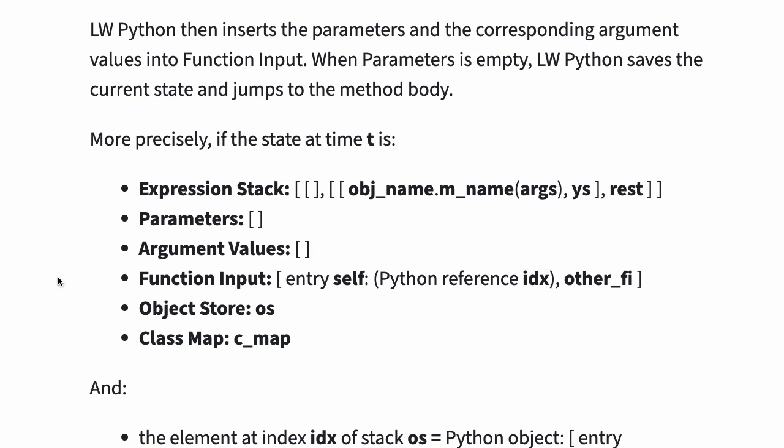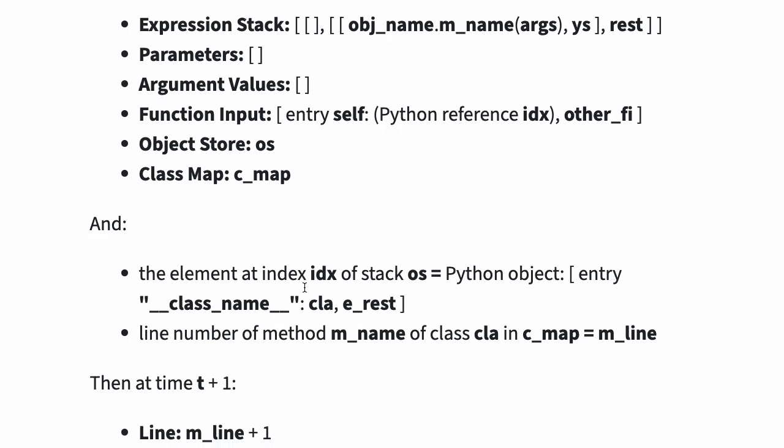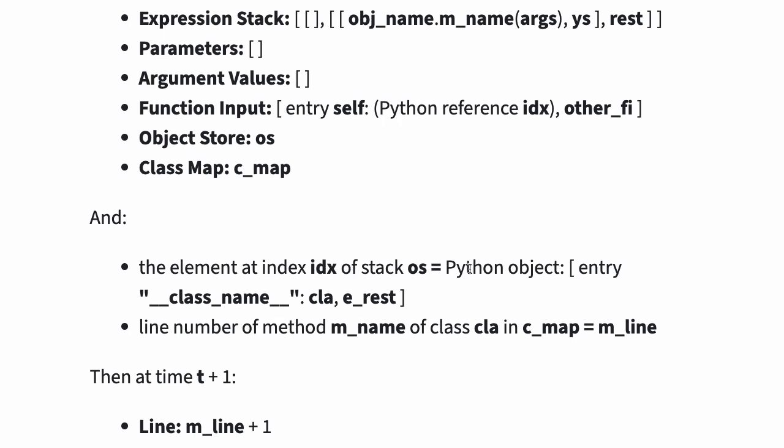More precisely, if at time t the parameters is empty, argument values is also empty, and the function input contains the entries self and Python reference IDX and other function input, the object store is still OS and class map is still CMap, and the element at index IDX of stack OS is the Python object with entry class name CLA and other entries, and the line number of the method mName of class CLA and CMap is mLine.